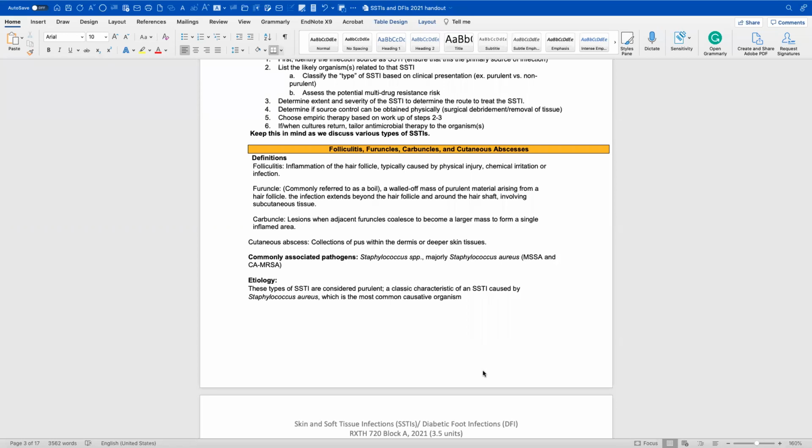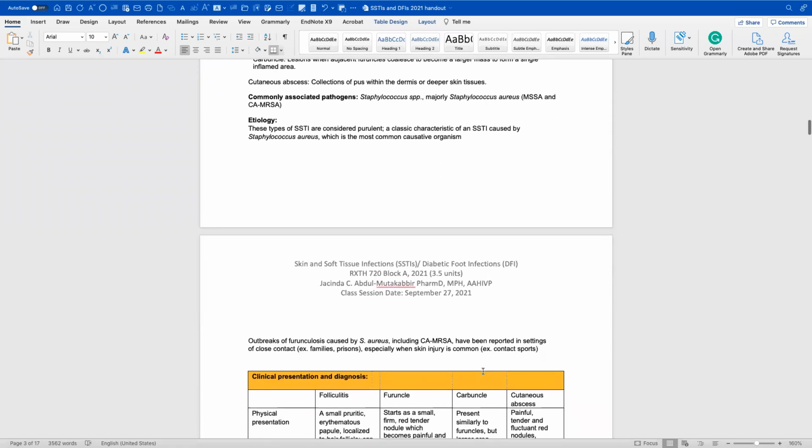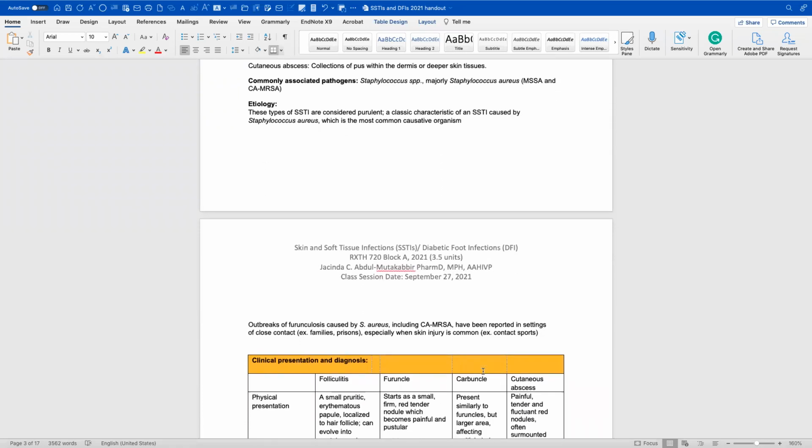It can be community acquired MRSA. So these types of SSTIs are considered purulent, meaning that they have pus that drains out of them. And a classic characteristic of an SSTI caused by Staph aureus is purulence, which is the most common causative organism within the presentation of these infections, as previously stated.